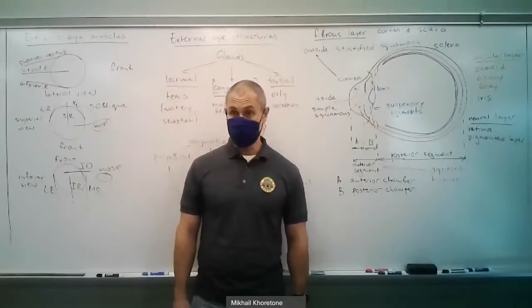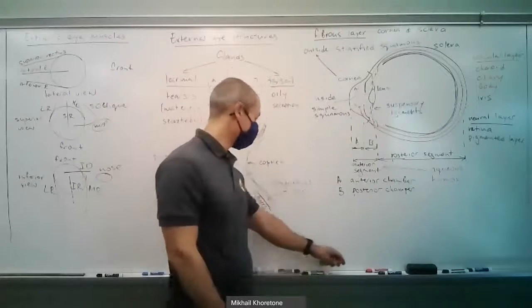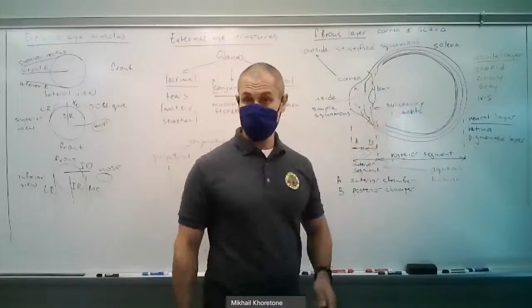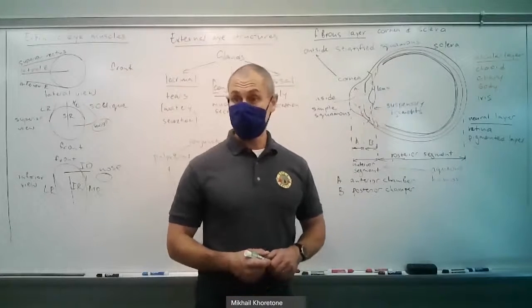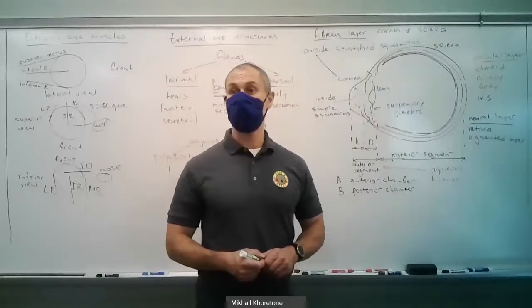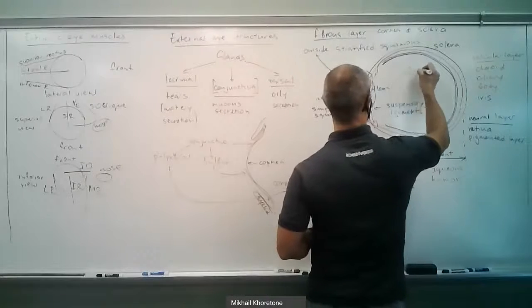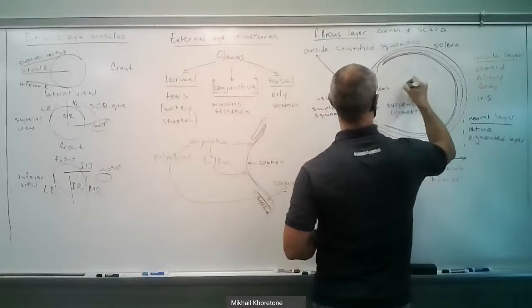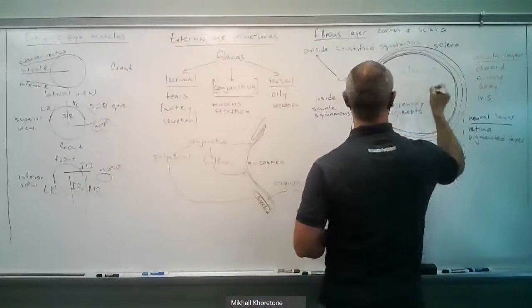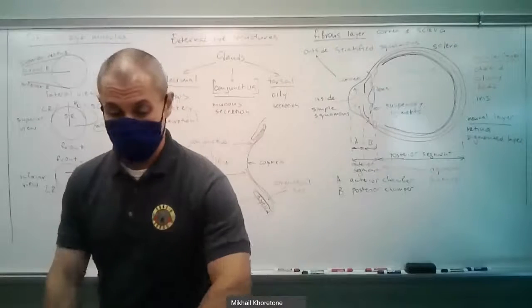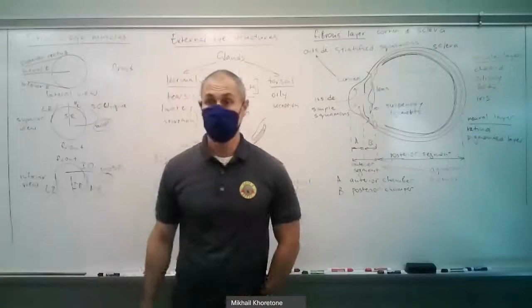Does that make sense so far? Okay, awesome. Now, what is in the posterior segment? The posterior segment is sometimes called the vitreous chamber because it is filled with vitreous humor. It may seem kind of odd, the word humor.